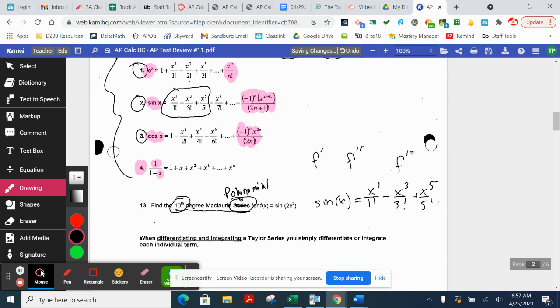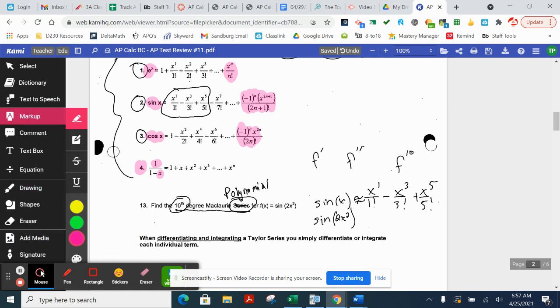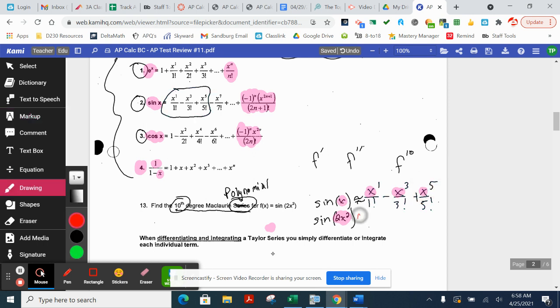If I know that, let's use an approximation right now, then the sine of 2x squared is really just us taking this 2x squared instead of x, plugging it in here, here, and then right there. So I would get 2x squared over a 1 factorial.